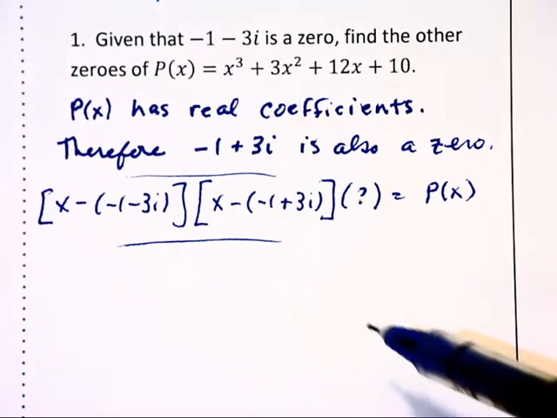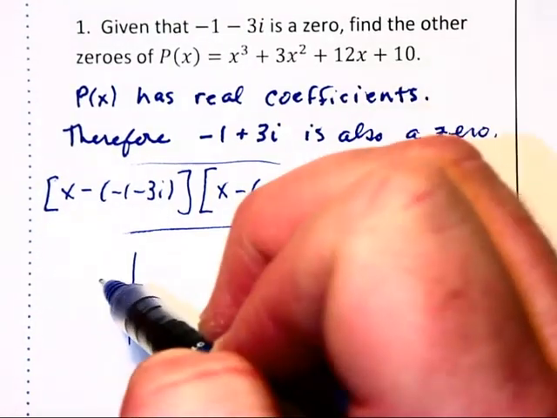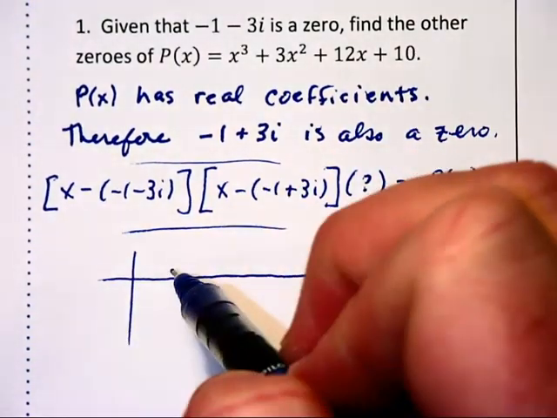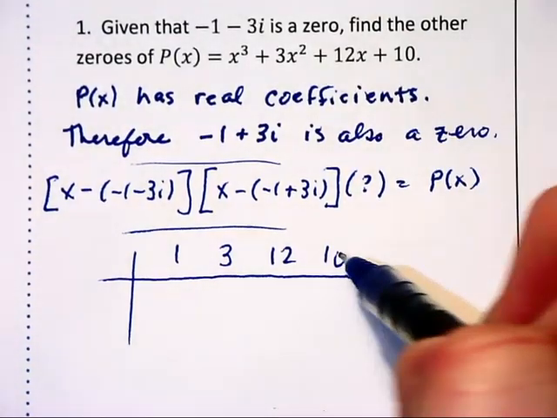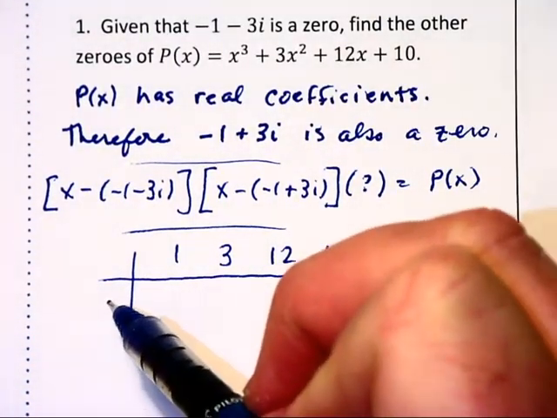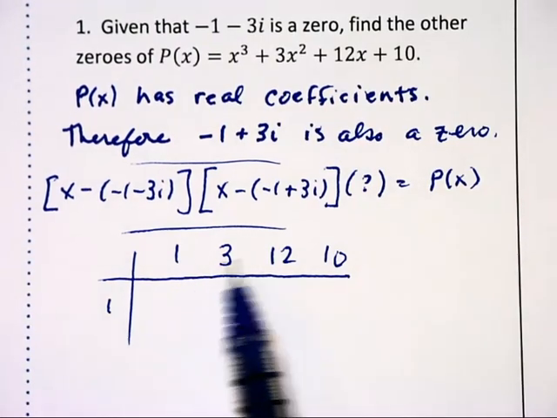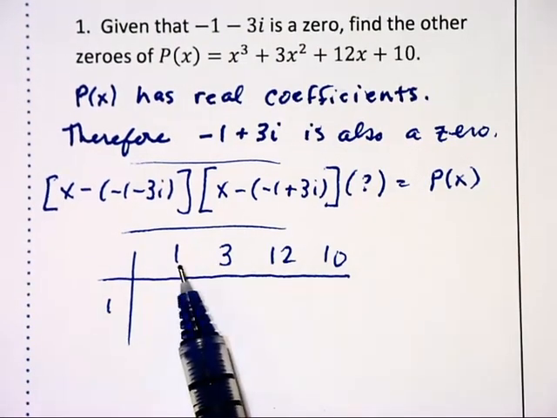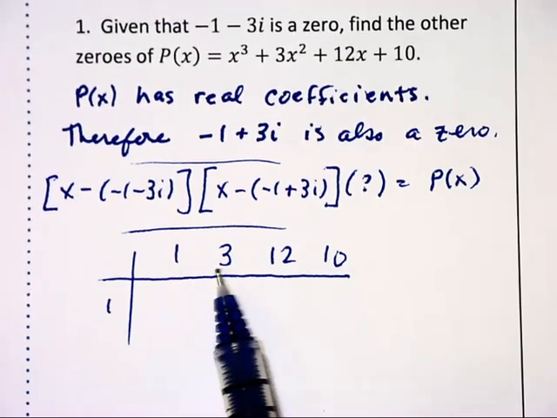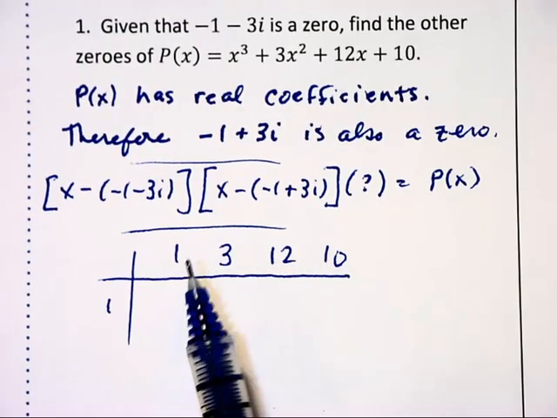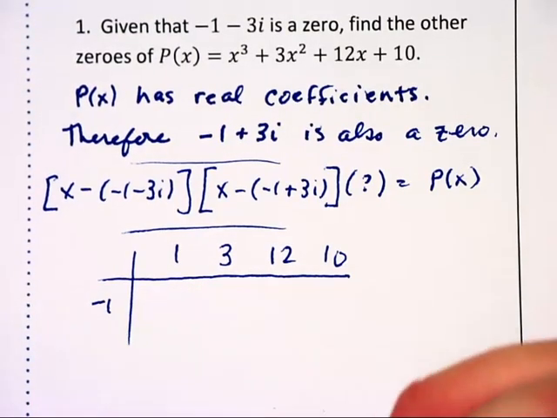So let's try just using our rational zero theorem to try different values until we find one that works. Here we go with 1, 3, 12, and 10. Now the first thing I would check is 1, but notice something. All of these terms are positive. And by Descartes' rule of signs, when there are no sign changes, that means there's no positive real zeros. So 1 is not going to work. So I'd move on to -1.